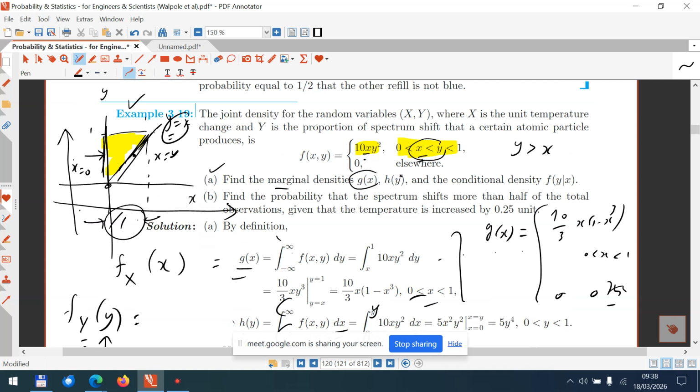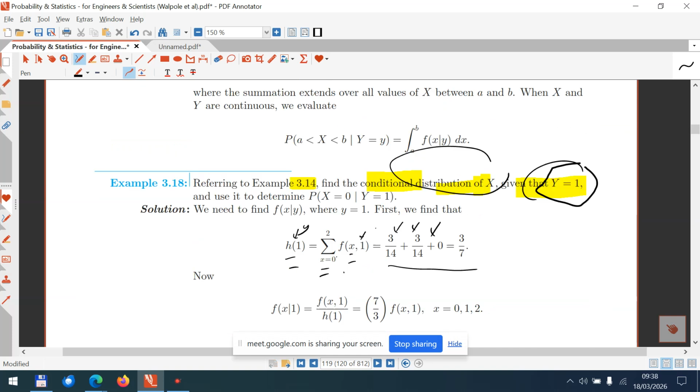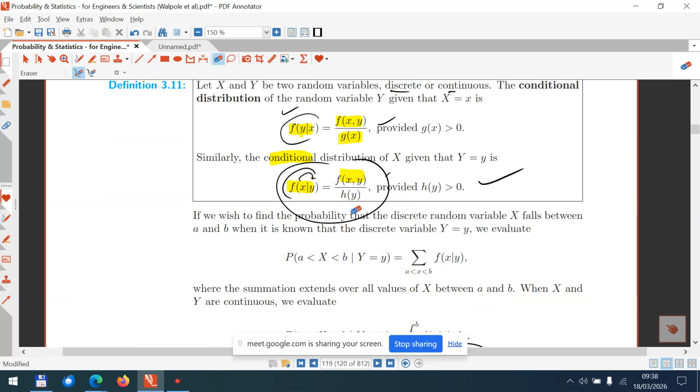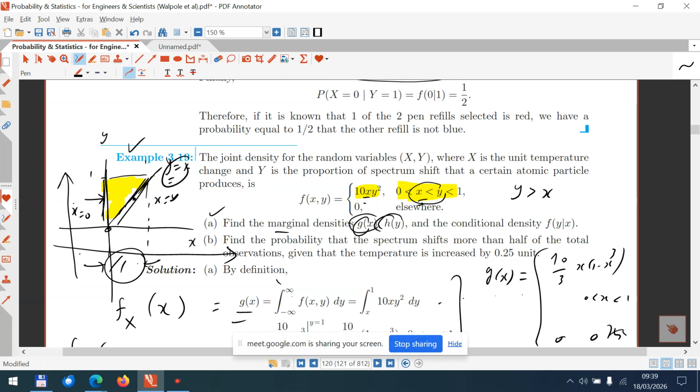Okay, so you now know the denominators. I'm going back to that formula. We'll be using this formula. In this formula, you worked out this thing in one, and you worked out this thing in part A. Now you need to divide the joint distribution by these to get your conditional density.